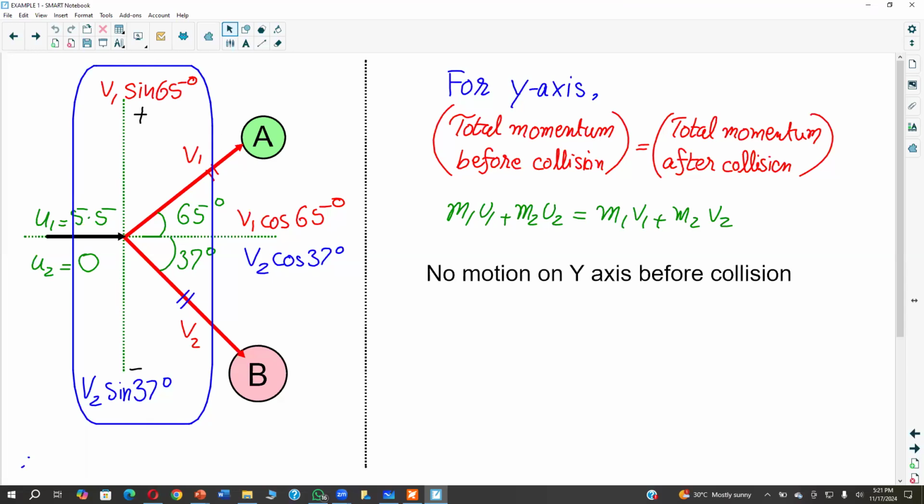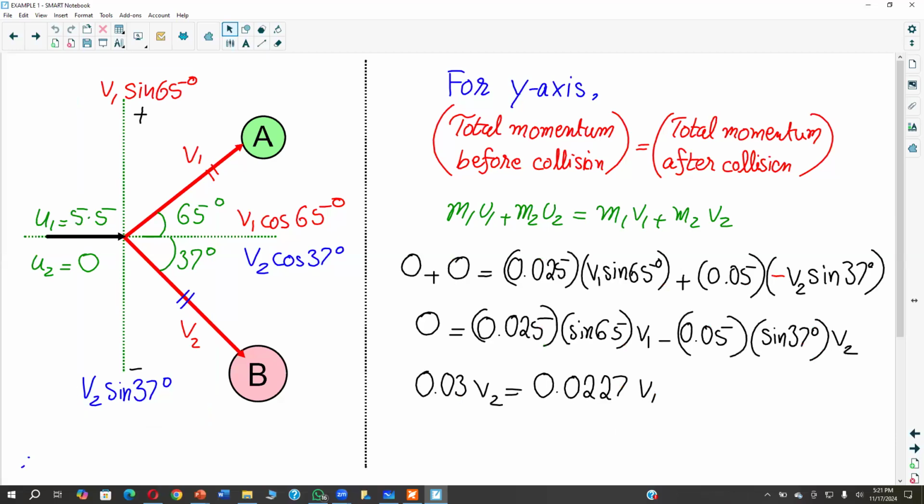Nine. Now look at the insertion of the second equation. Nine.